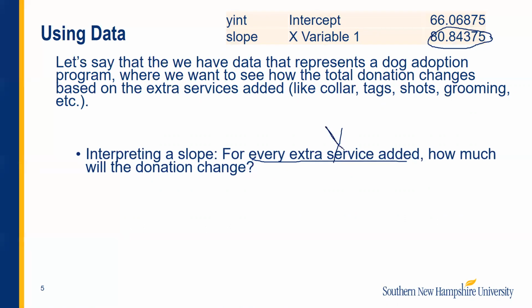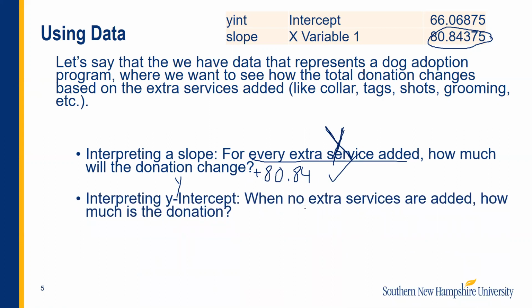For every X, the extra service, how much will the donation Y change? It's going to change by $80.84. And it's positive, so it's going to increase by $80.84 every time. That's the slope.